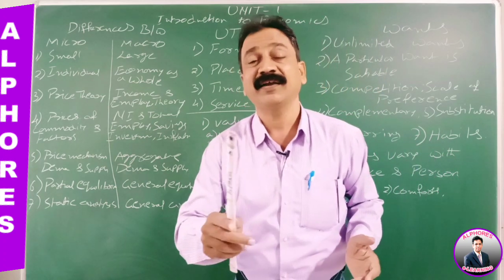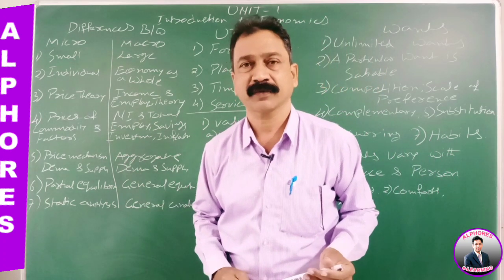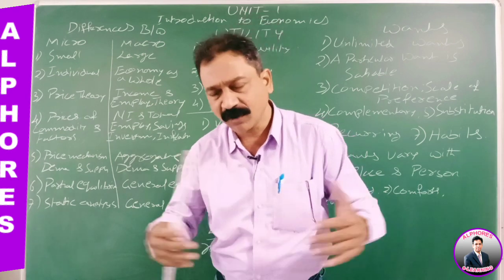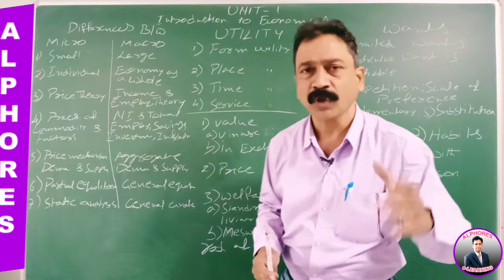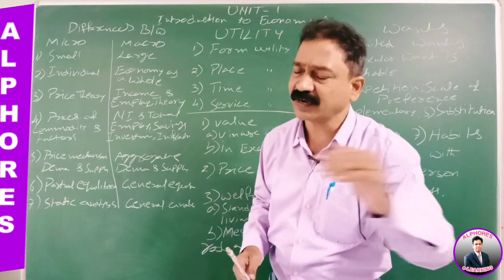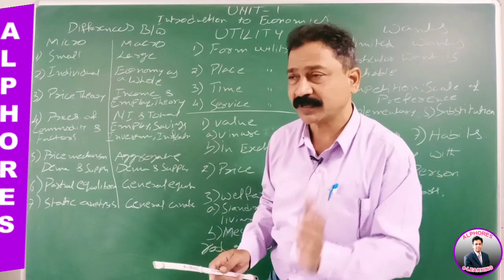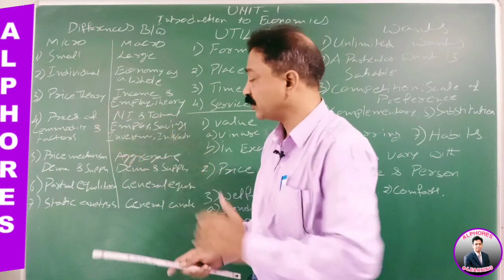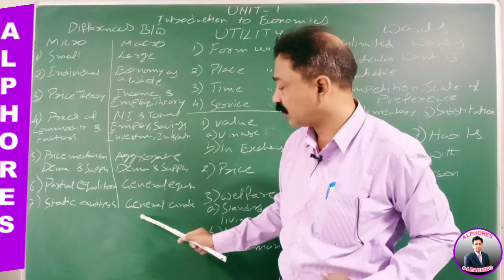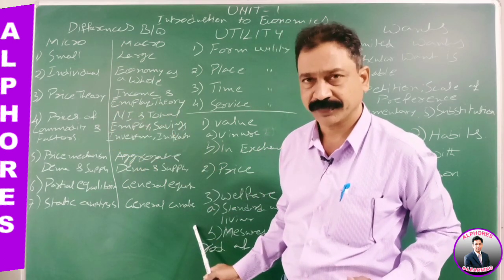Whereas macroeconomics is general analysis. We can call it dynamic analysis. What is happening over a long period of time? How the price is going to affect the commodities over a long period of time. So we will discuss past to present, present to future. So it is dynamic analysis or general analysis. Clear?